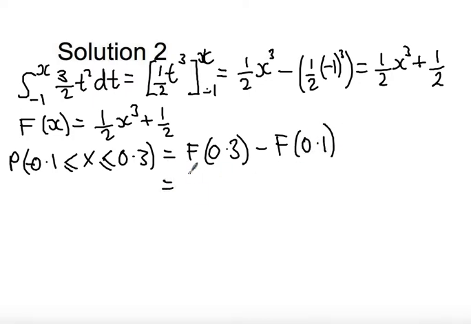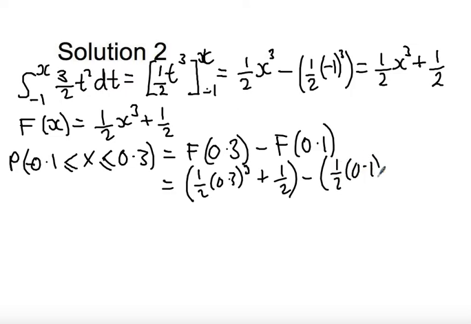So substituting in those values, we get a half times 0.3 cubed plus a half, minus a half times -0.1 cubed plus a half. And you can see that this is much quicker than having to repeatedly integrate the same thing all the time. If you put this into your calculator carefully, you should be able to evaluate that in one go, and hopefully you come up with an answer 7/500.